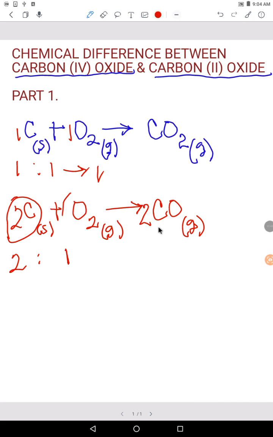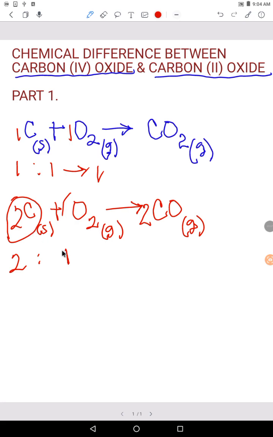In real life, we experience the formation of carbon 2 oxide in vehicles that have issues with the engine combustion chamber, such that there's not enough air to burn the carbon from the fuel.